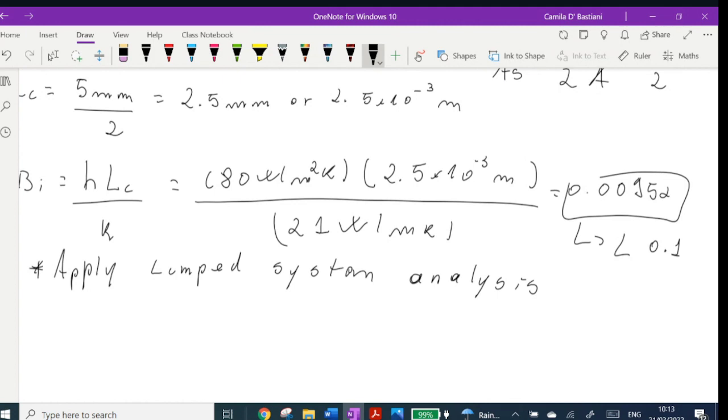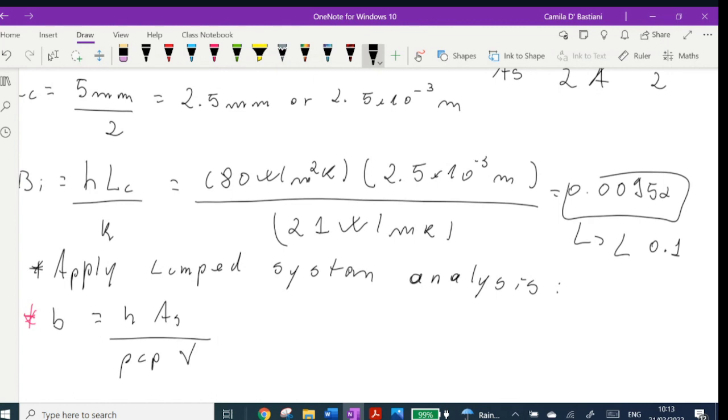First thing you do is check if you can apply your lumped system analysis, okay? Well, since we can apply the lumped system analysis, the first thing we need to find is the value for B, okay, the constant B. So B is equal to h of the surface divided by rho Cp volume.